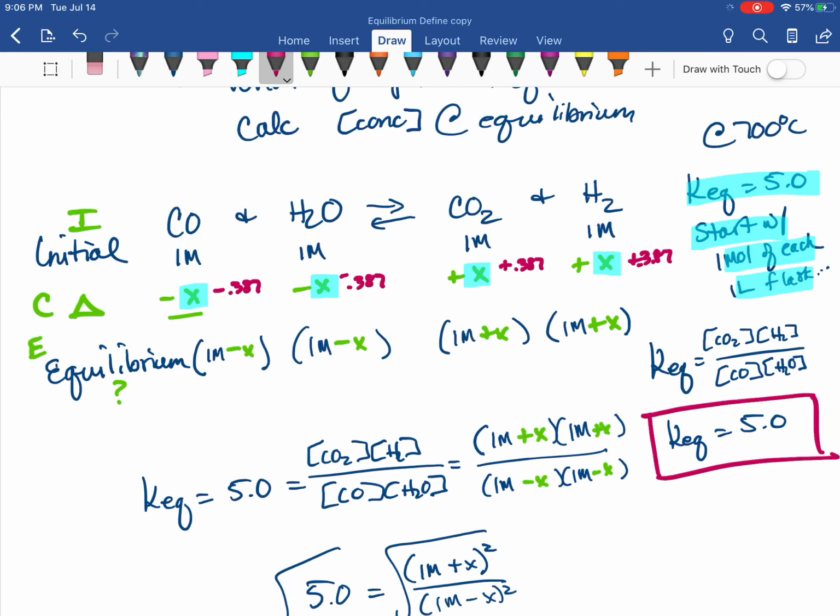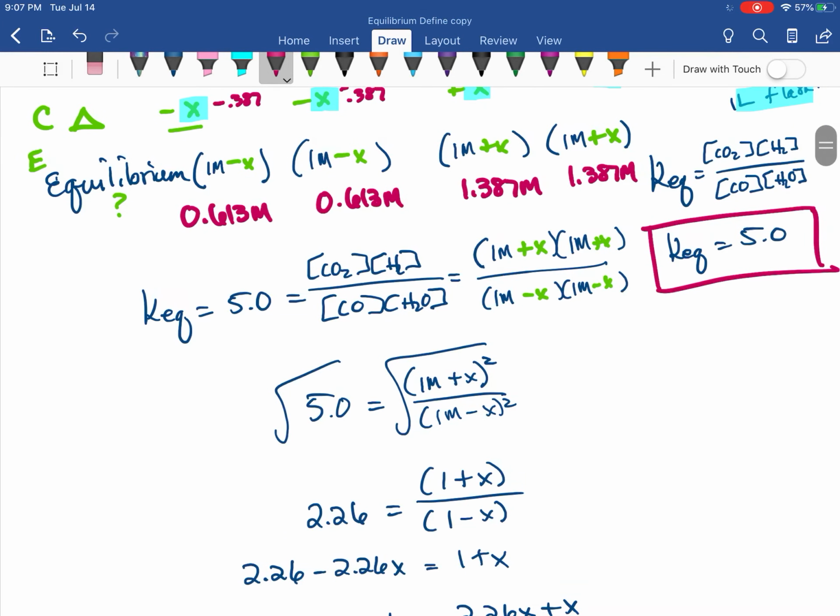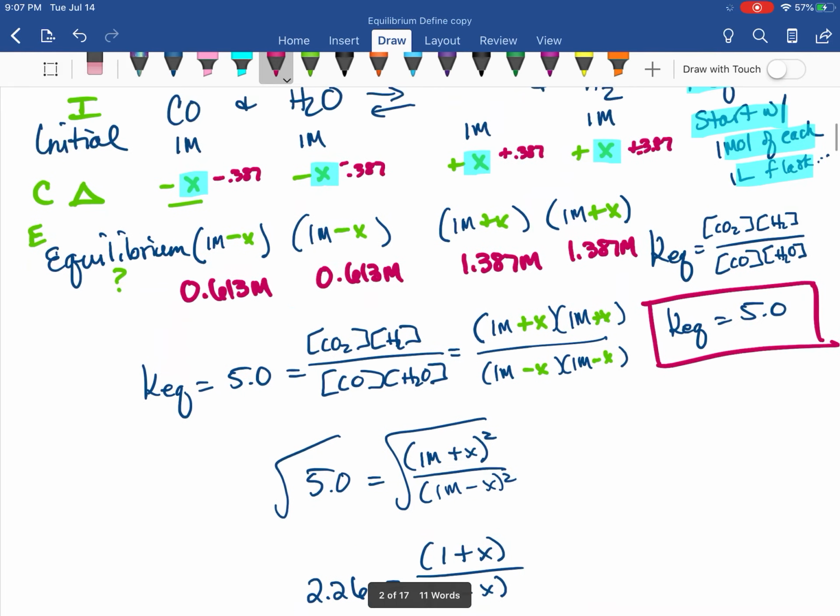So that means that at equilibrium, let's do that math. What's 1 minus 0.387? What's 1 plus 0.387? Now we have our concentrations at equilibrium.